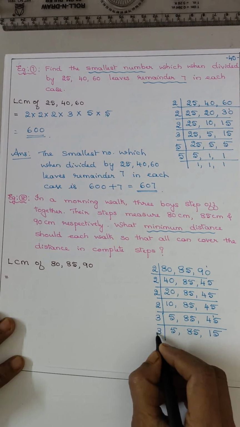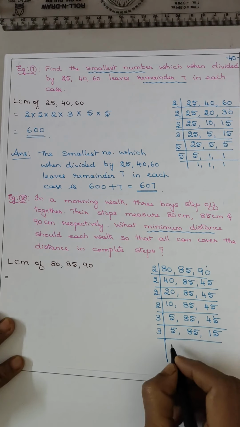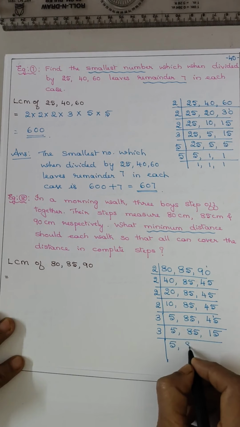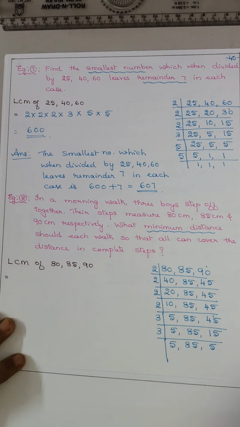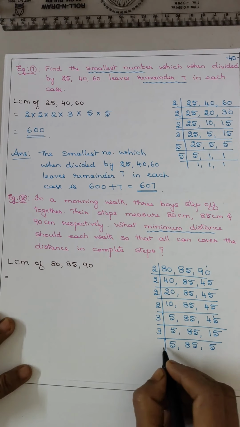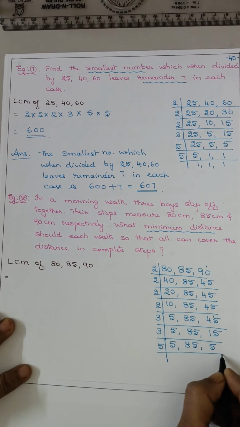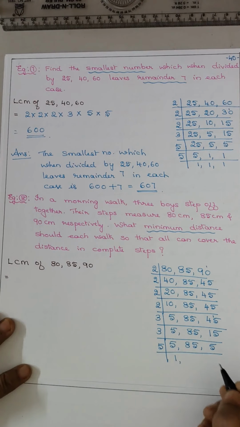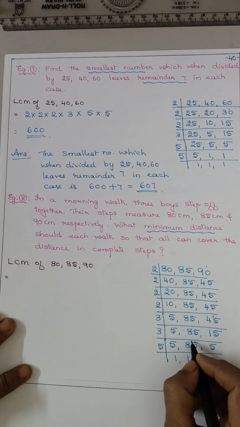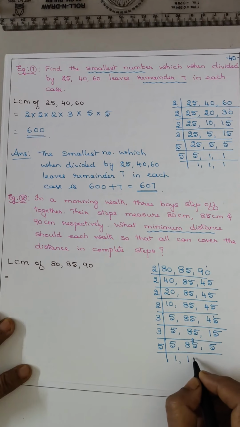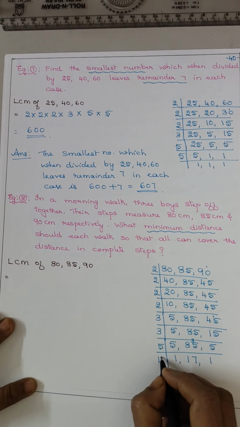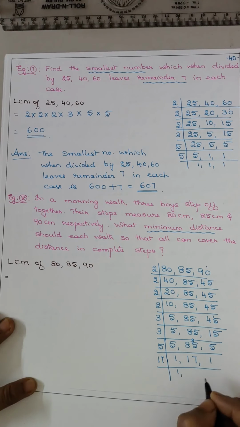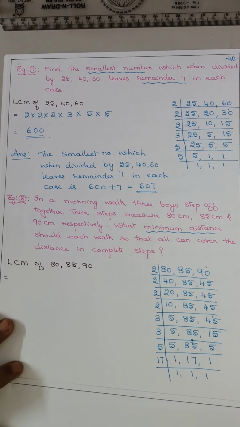Again 15 is divisible by 3. 5 as it is, 85 and now 5s are 15. Now 5. Next prime is 5. 5 1s are 5, 3 remains, 5 7s are 35 and 5 1s are 5.